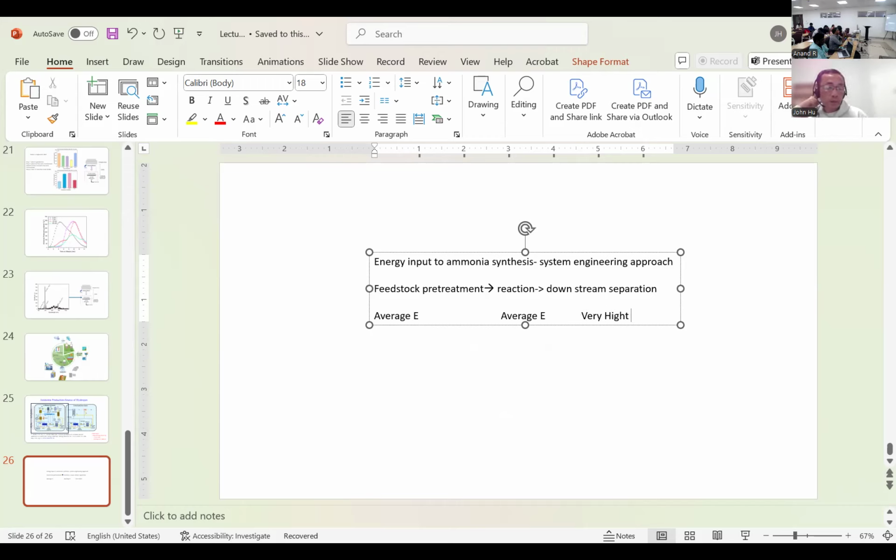Make sense? Keep in mind: feedstock pretreatment, reaction, downstream, the span is very high. It's very difficult to write on here. HB process. Make sense?